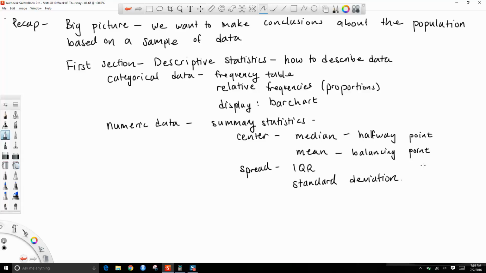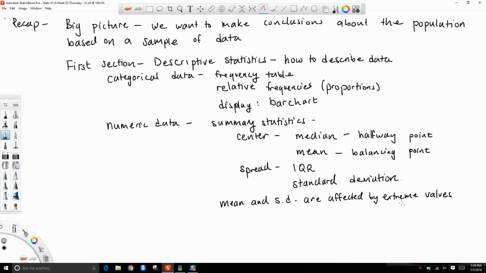Okay. Of these summary statistics, which ones are affected by outliers or extreme points? The mean and standard deviation are affected by extreme values. What's another word for extreme values?